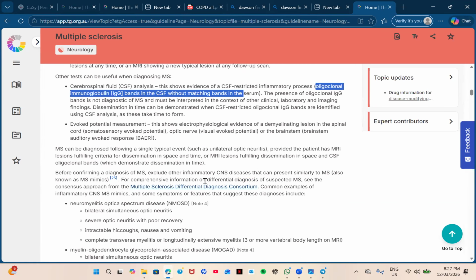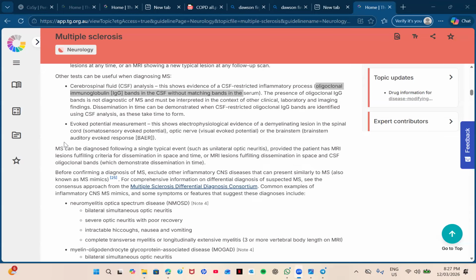Okay. So then we have evoked potential measurement. So what is this evoked potential measurement, doctors? This shows the electrophysiological evidence of demyelinating lesion in the spinal cord, optic nerve or brain stem, and auditory evoked response, right?